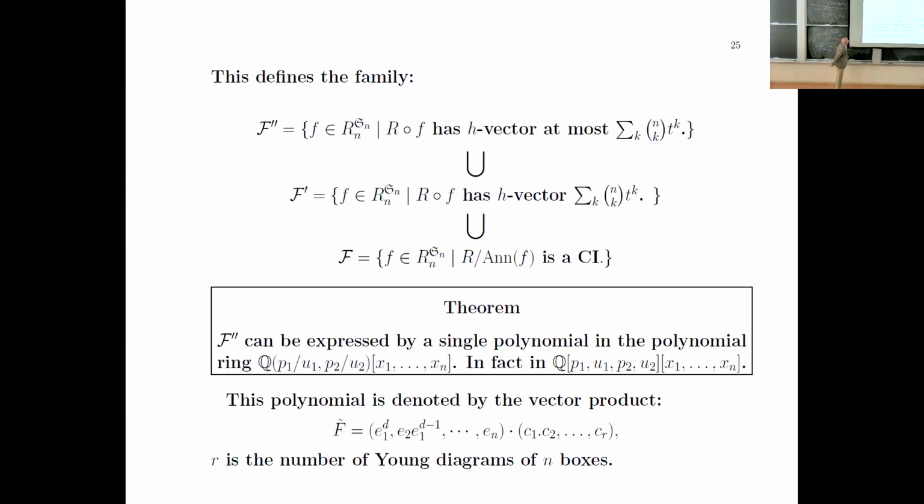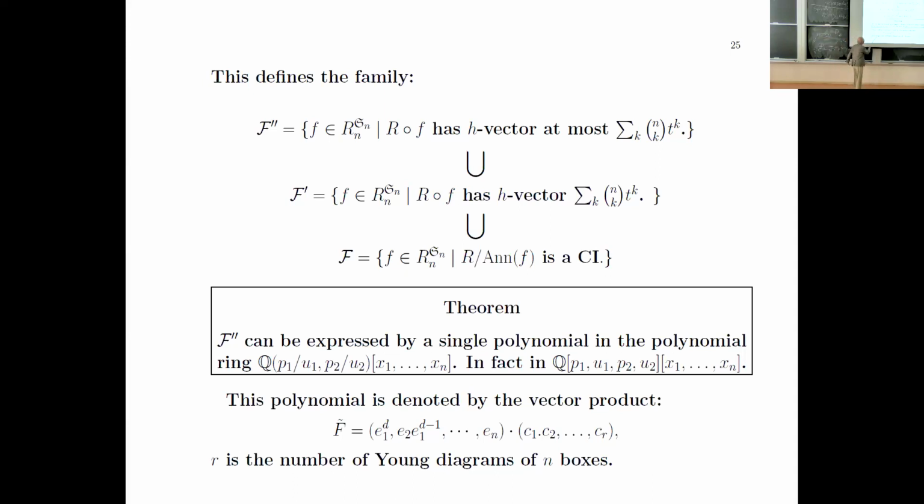This F double prime can be expressed by a single polynomial in the polynomial ring. This polynomial, in fact, it is easy to see it is an element of this polynomial ring.